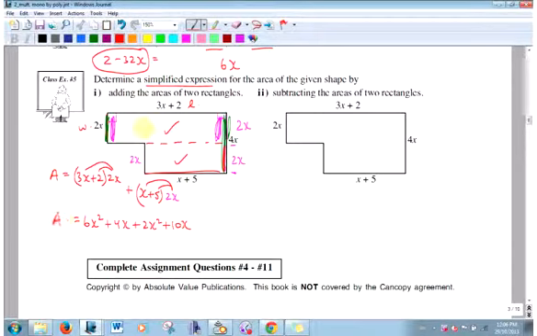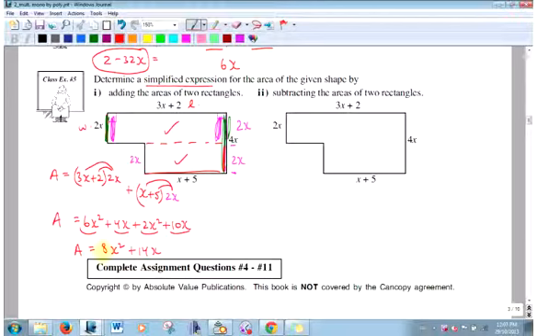That's the area of this combination rectangle shape. Can I simplify it? Then you do it. I have 6x squared and 2x squared. That's 8x squared. I have 4x and 10x. That's 14x. That's the area.